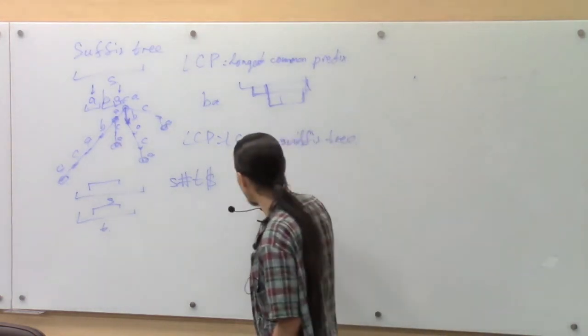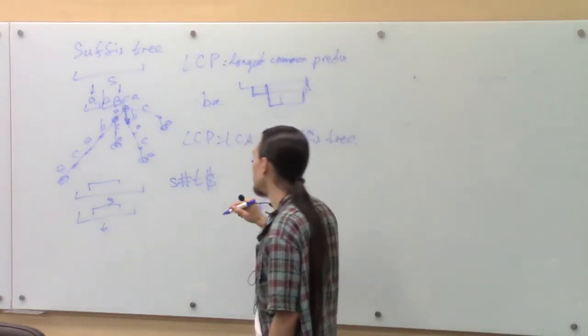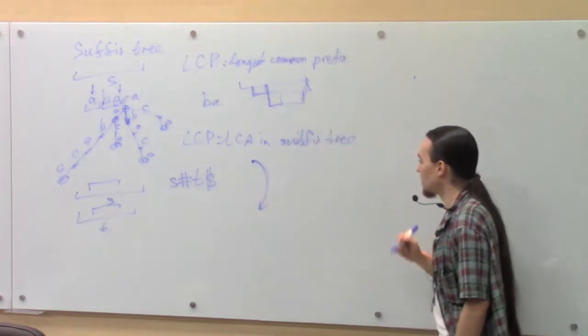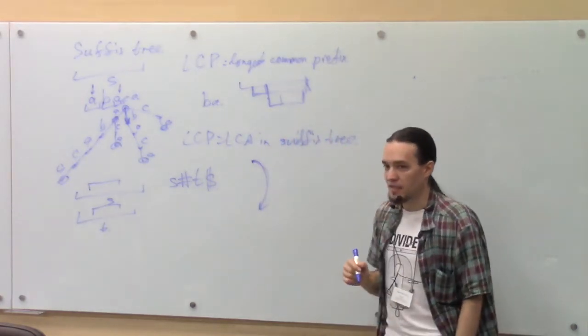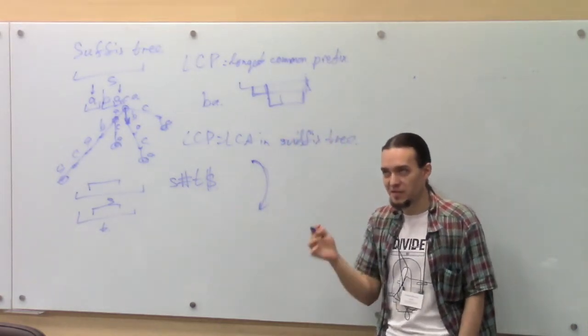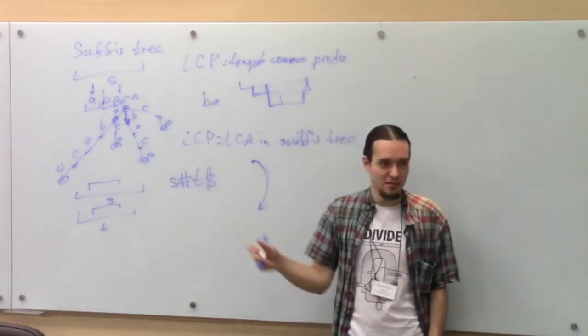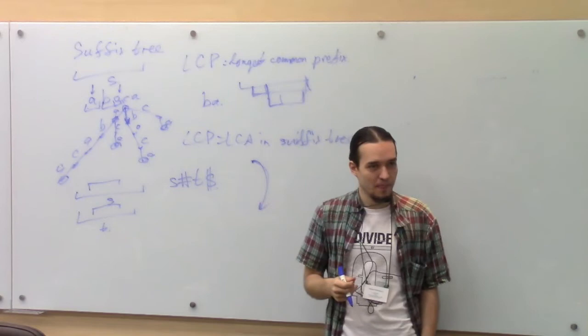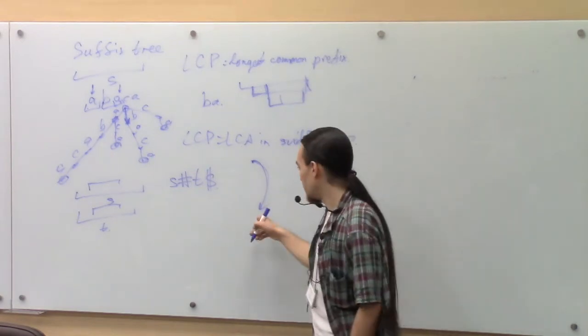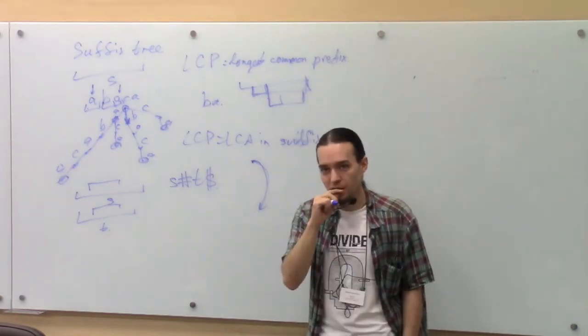Okay, so we have a string. It's a path here in our trie. If it's a valid substring, then this should not contain any ugly characters of this kind. Okay? And now we want to check if it's a common substring.